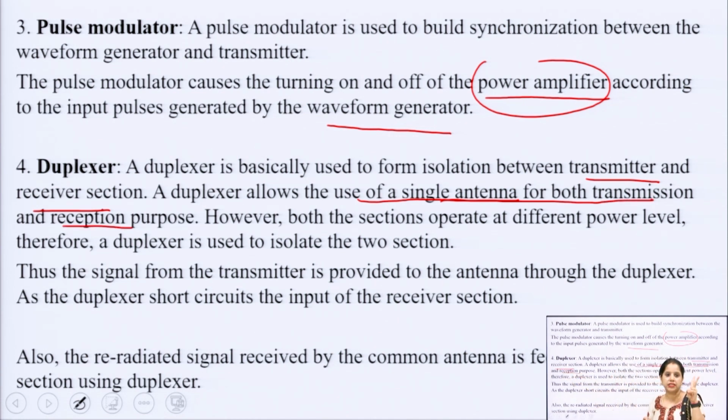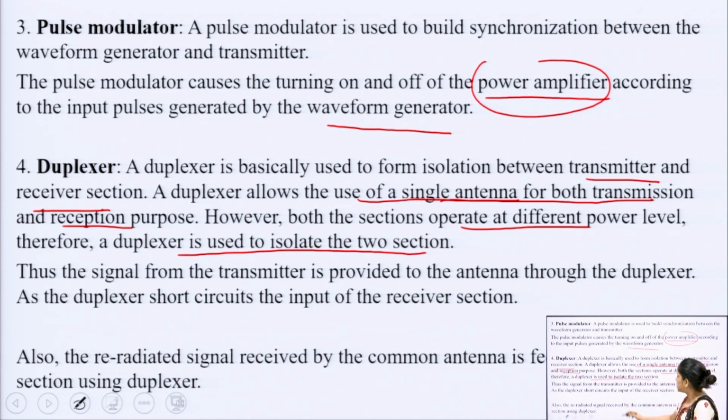So, the two basic functions of the duplexer: first, to provide isolation between the transmitter section and the receiver section, and second, to let us use a single antenna for both transmission and reception purposes. If we do not use a duplexer here, we have to use two different antennas for the transmitter and the receiver. Both the sections operate at different power levels, therefore the duplexer is used to isolate the two sections.